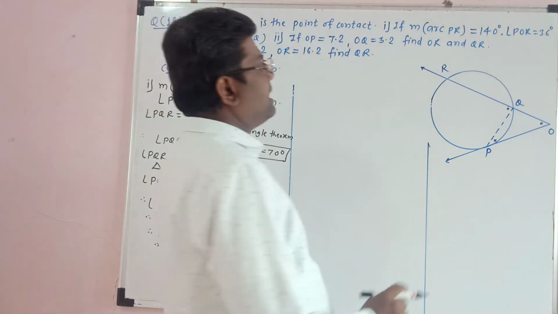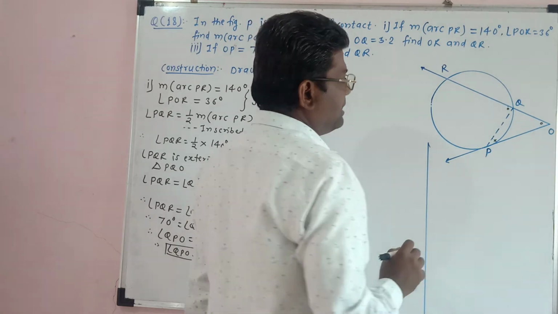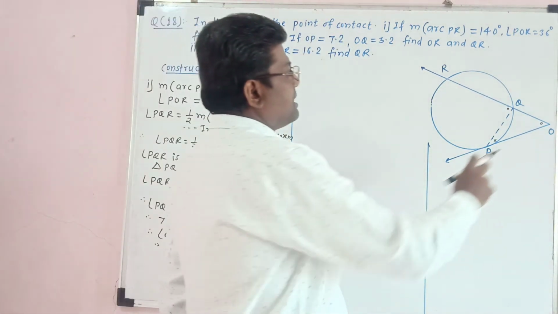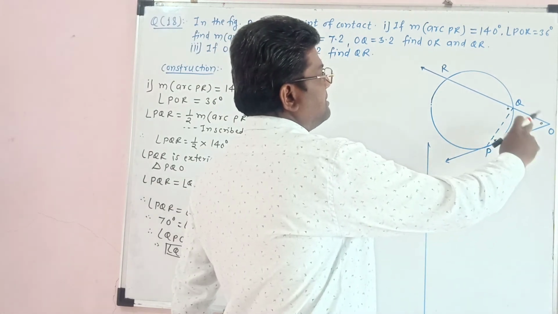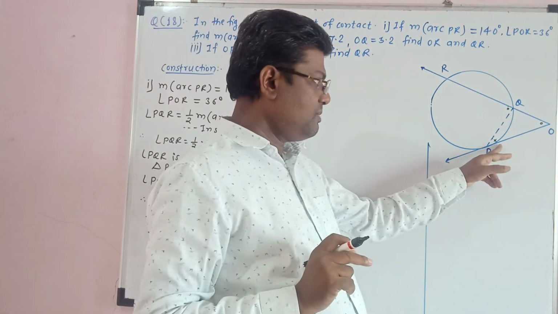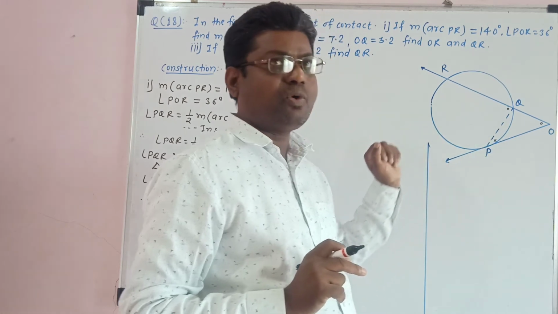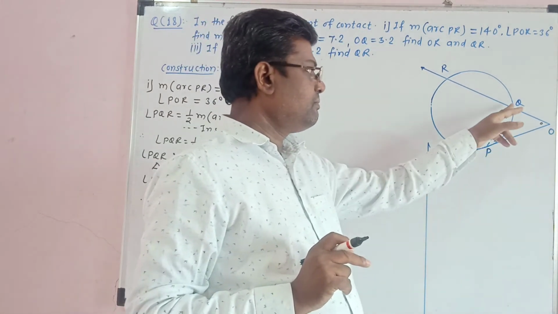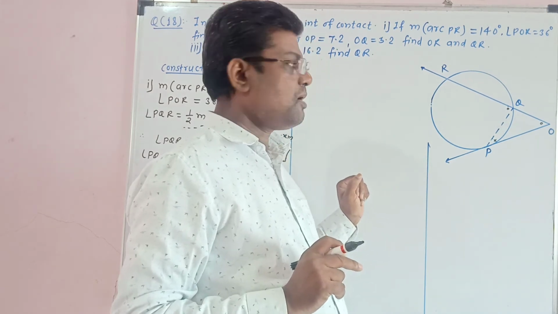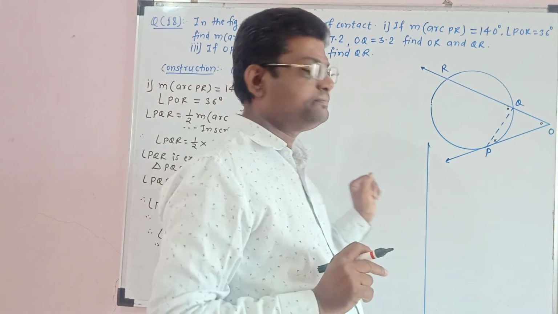This angle QPO will be 34 degrees. Now ray OP is a tangent and PQ is a secant. Therefore the angle between this tangent and this secant, that is angle QPO, is half of measure of arc QP. Theorem of angle between tangent and secant.